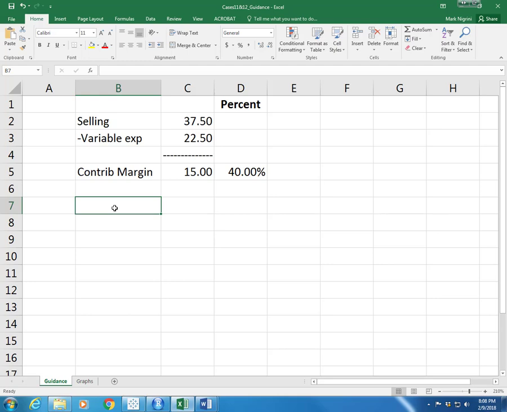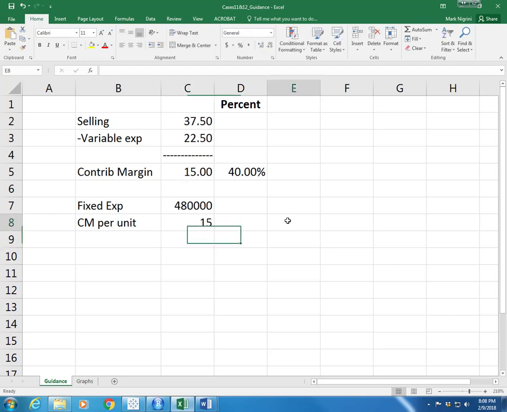The break-even point. Break-even point would be our fixed expenses divided by contribution margin per unit. So we'll go back here, and it is contribution margin per unit. Fixed expenses given from the top, 480,000. Contribution margin per unit as calculated is 15.